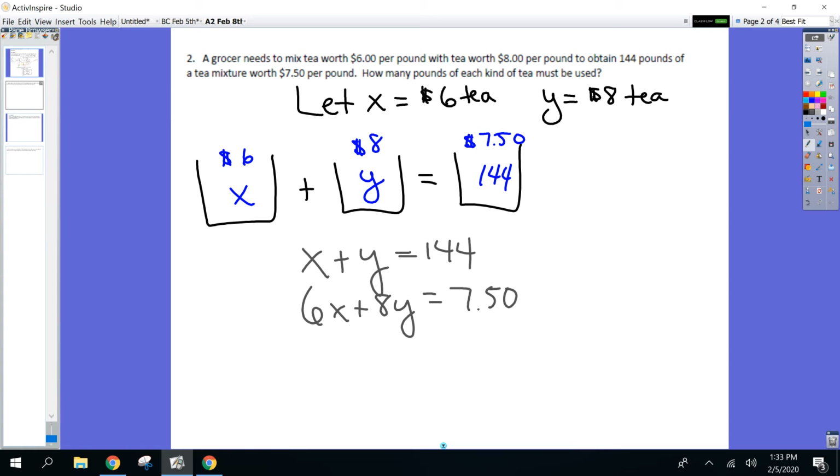You're taking the money and multiplying it with how much you have each time, right? So you have to do that here. The money times how much do you have? Times 144. Yep. All right, make sure we remember that. What is that? 144 times 7.50. 1080? Thank you.